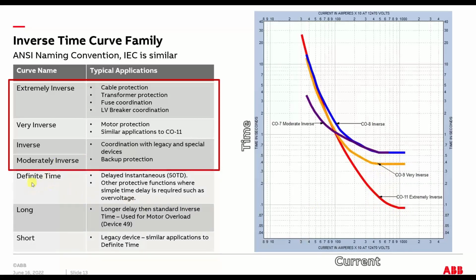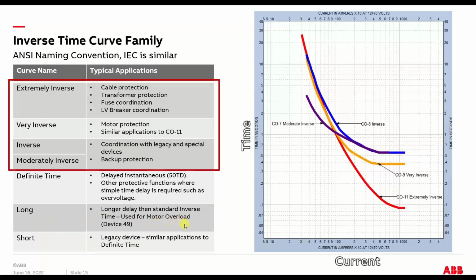There's a couple others. Definite time, that's the 50 response. That's the instantaneous, and that's just pick up in time. Pick up and then it trips. With a definite time, you can usually set a delay too. And then another one you might see is a long time delay, and long inverse.